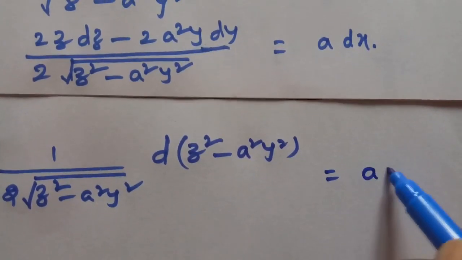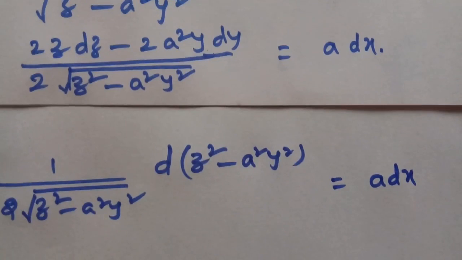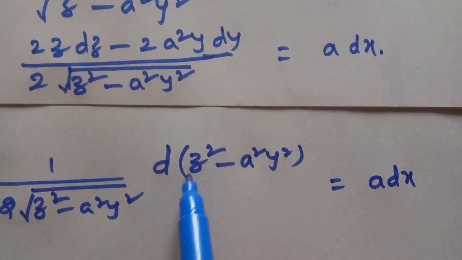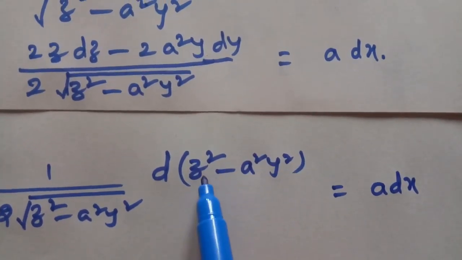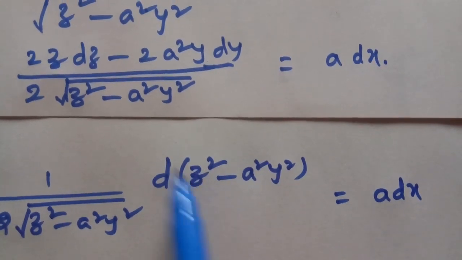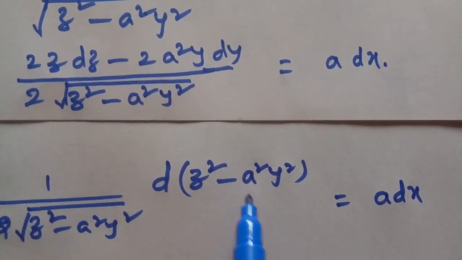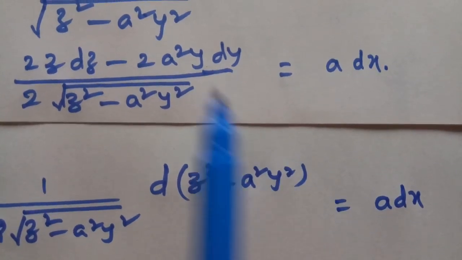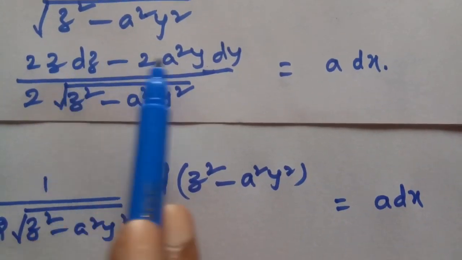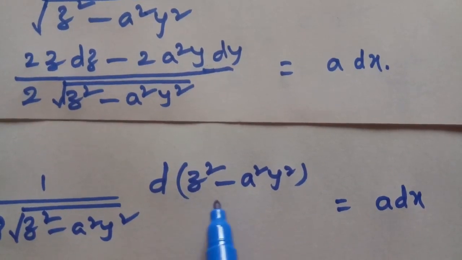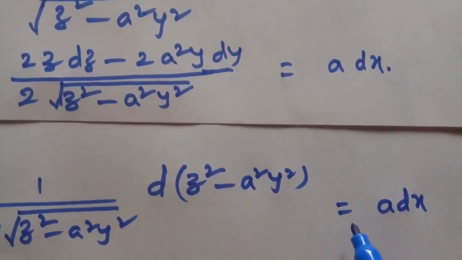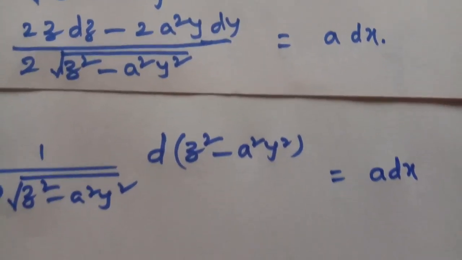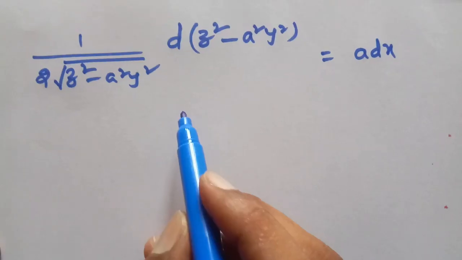The derivative of z square is 2z dz. In a square y square, a square is constant and the derivative of y square is 2y dy.